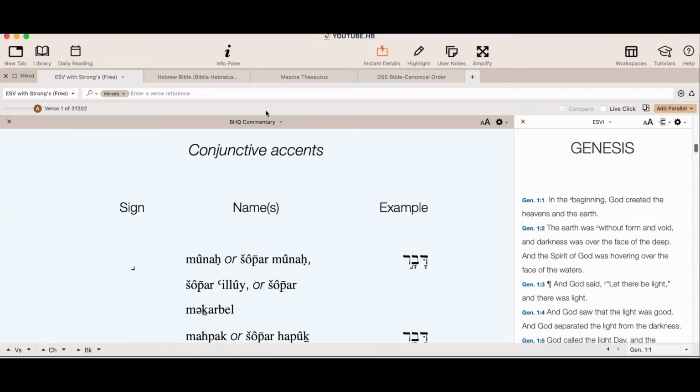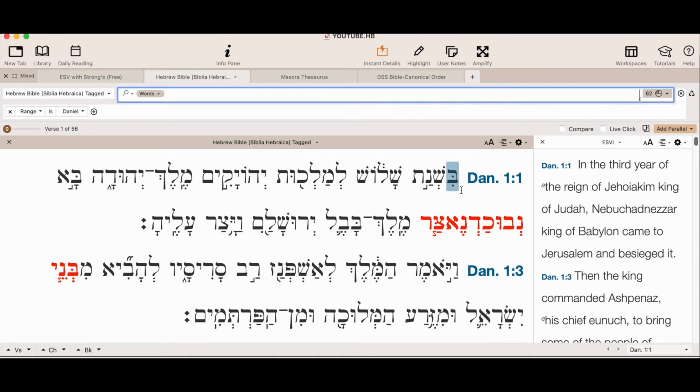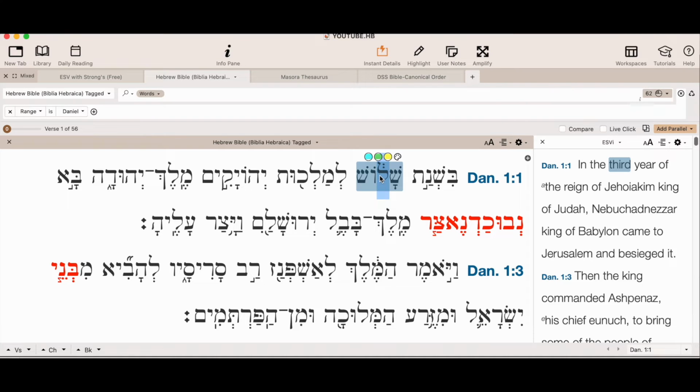And so looking back at the text now, bishnat has a conjunctive accent. It's joining to what follows. What follows? Shalosh. And shalosh, if you look above the lamed, I'll just highlight it there for you.